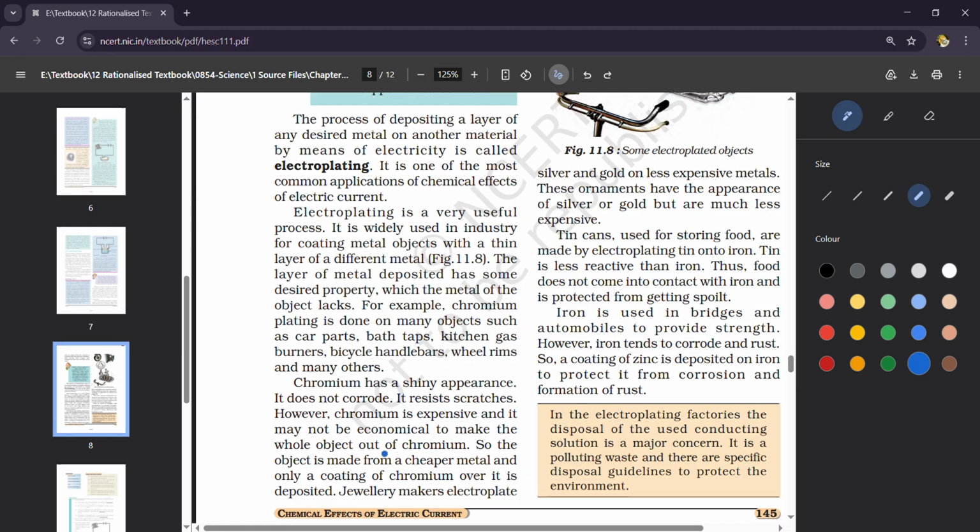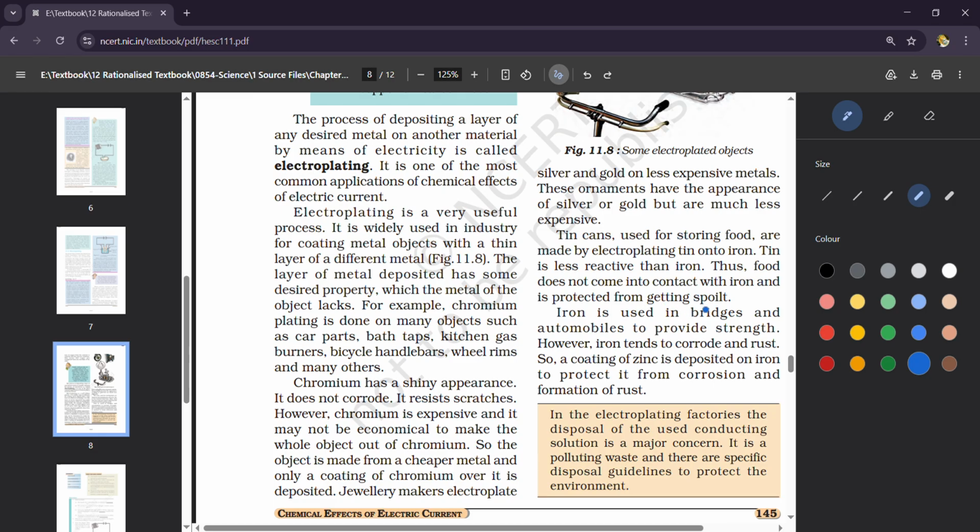Here is a real life example: tin cans for storing food. We electroplate tin onto the iron, as tin is less reactive than iron. Thus, the food doesn't come into contact with the iron and is protected from getting spoiled.